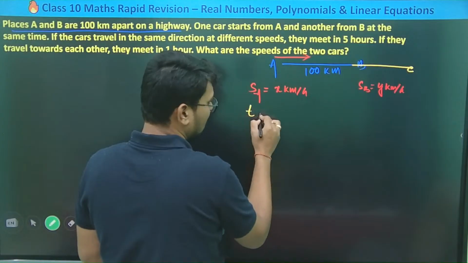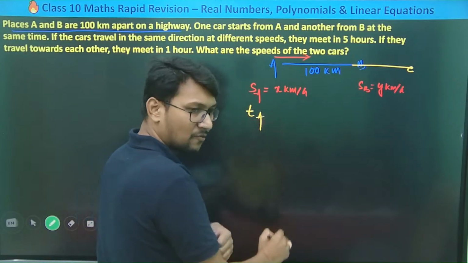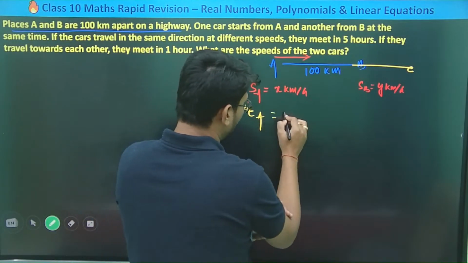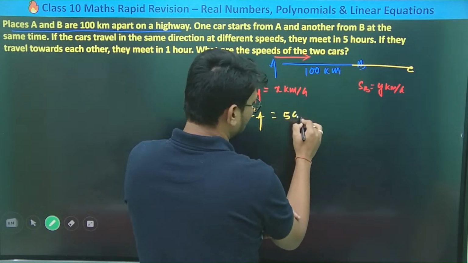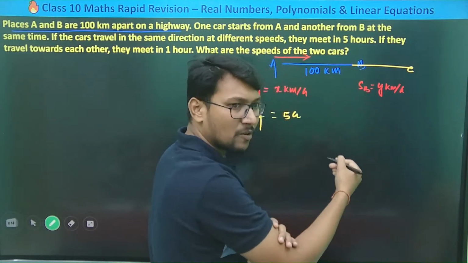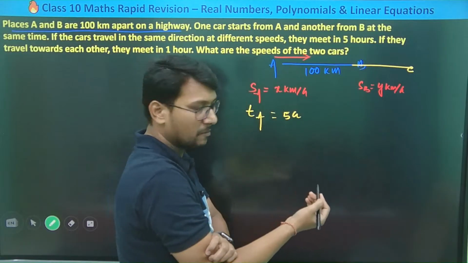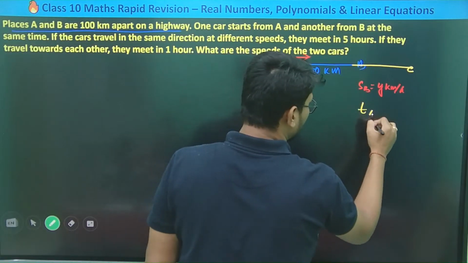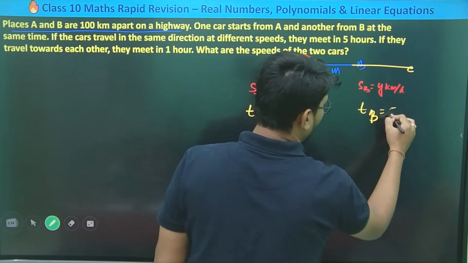Travel time by the car started from A equals 5 hours. The car started from B also has travel time equal to 5 hours.